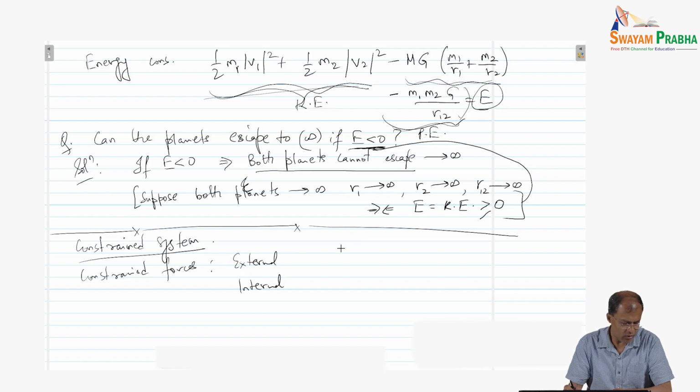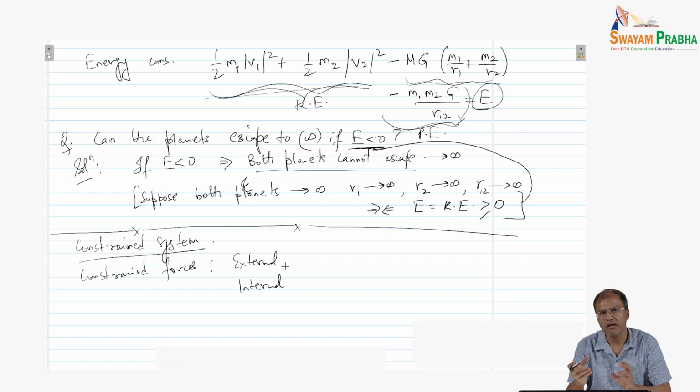The constraint forces can be external when, for example, in the pulley mass system, a mass is constrained to move along a thread which is rolling along the pulley. So that is an external constraint on the mass.